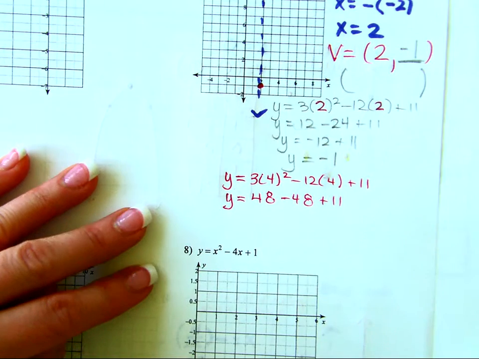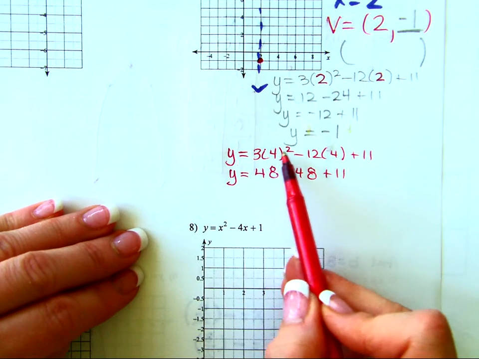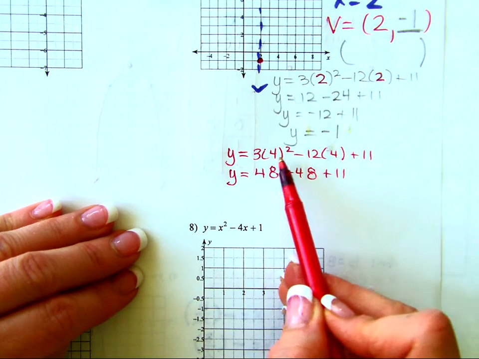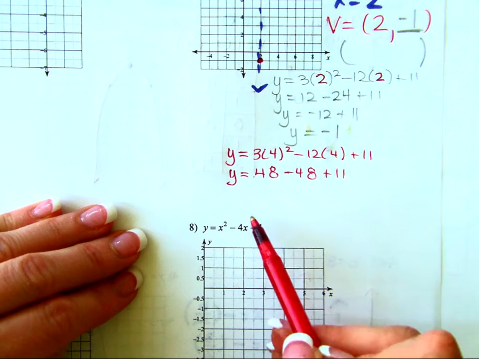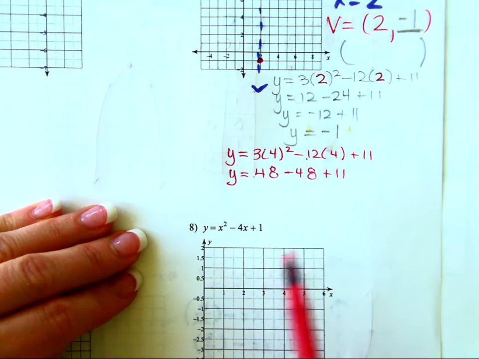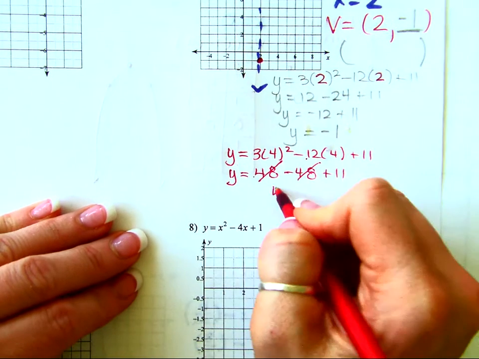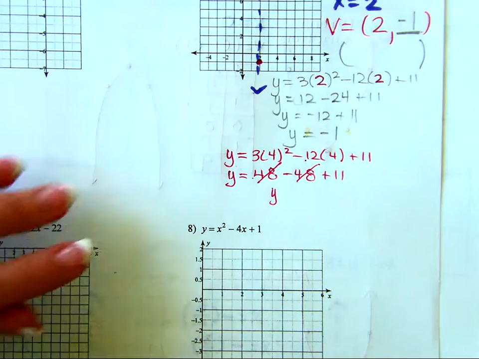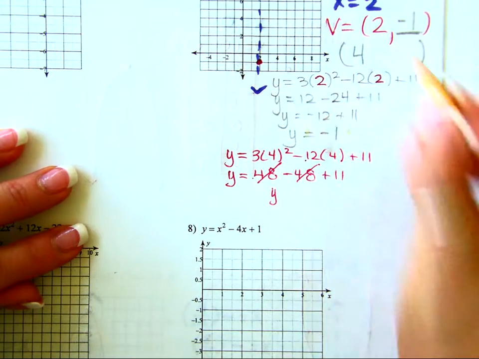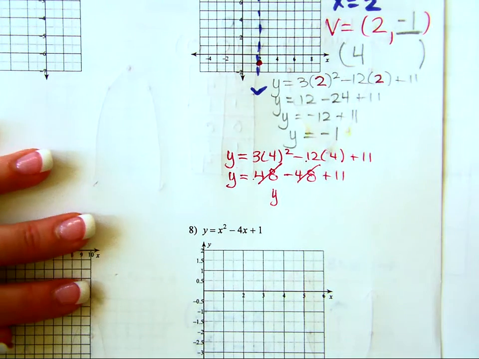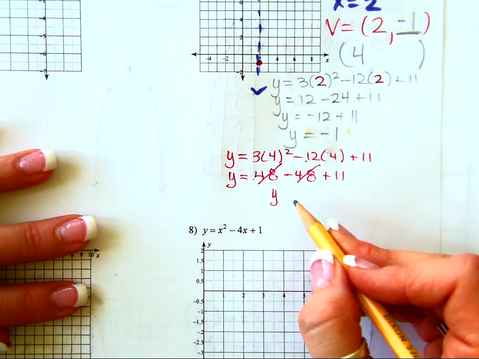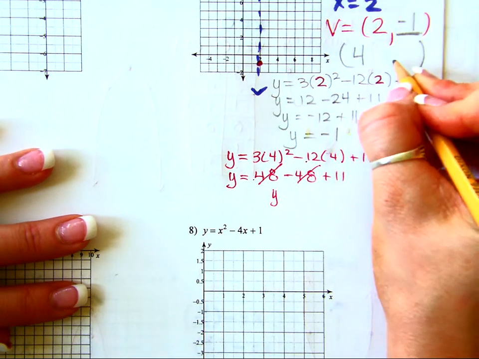So you have to do 16 times 3, minus 48. So probably what I should have done up here is put that I was choosing 4, right? So when X was 4, Y was 11. And we are almost done.